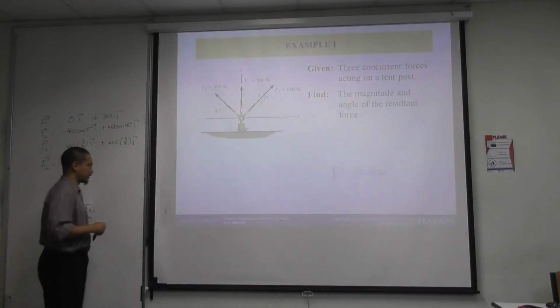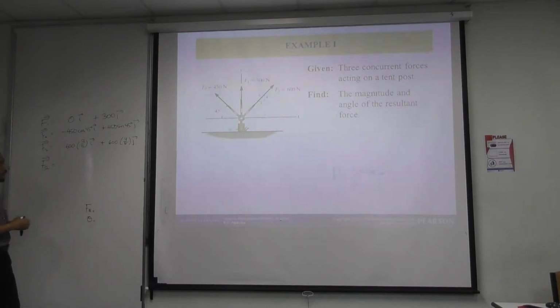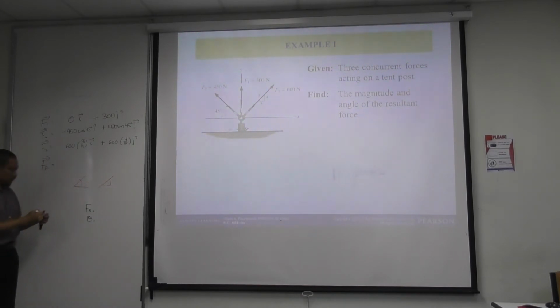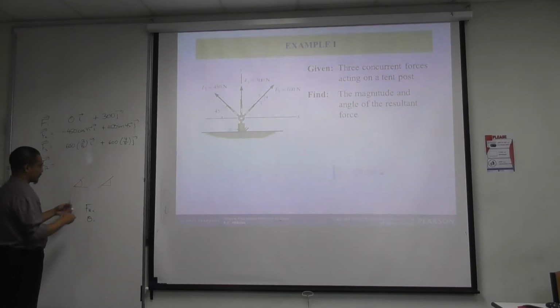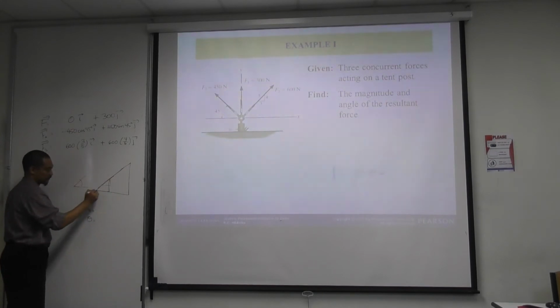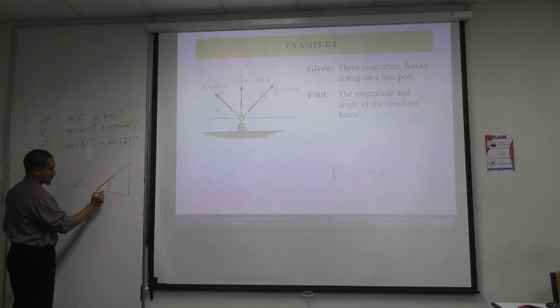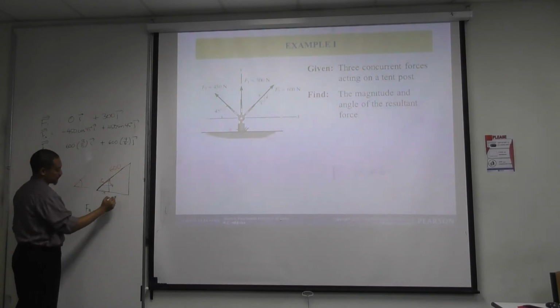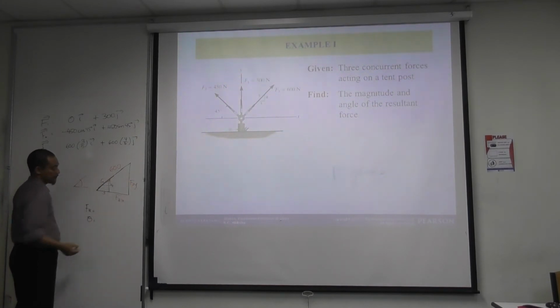Now, the type of angle that you will be given: one, it can be given in terms of degrees, right? Two, it can be given in terms of the triangle, the ratio. This one is straightforward if you know the similar triangle. If you have the ratio 3, 4, 5, and this is 600, let's say this is F3x, F3y.